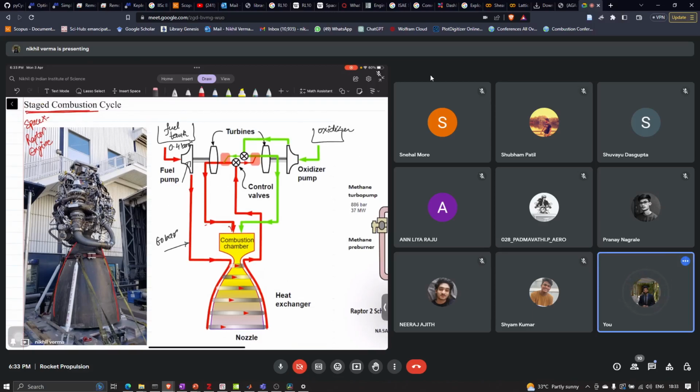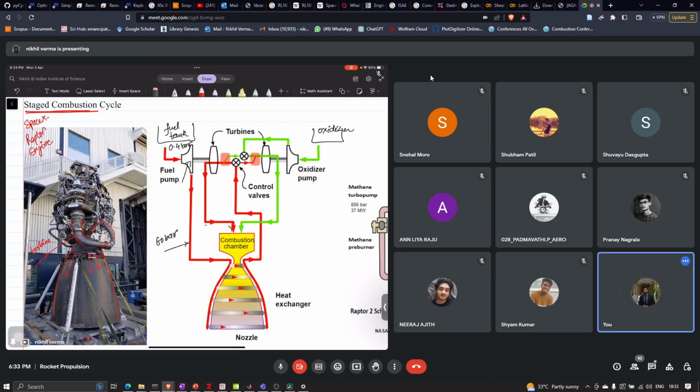As you can see in this part, this is probably the exhaust from the turbine, which goes into the combustion chamber and is expelled out through it.